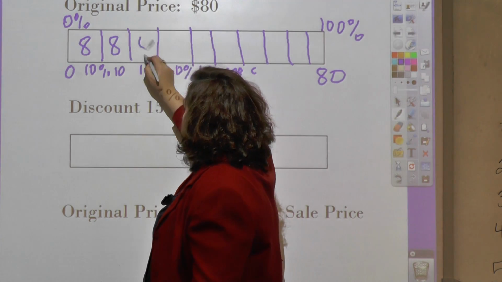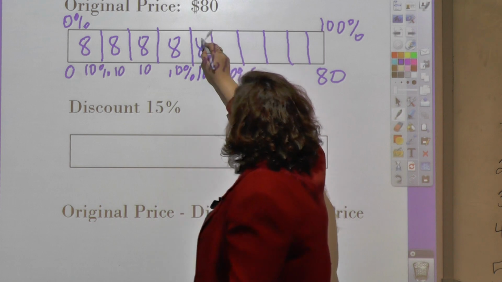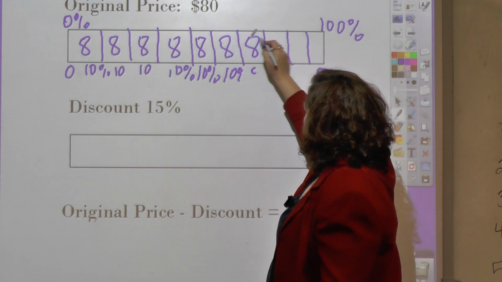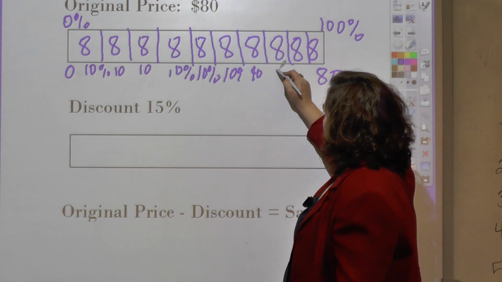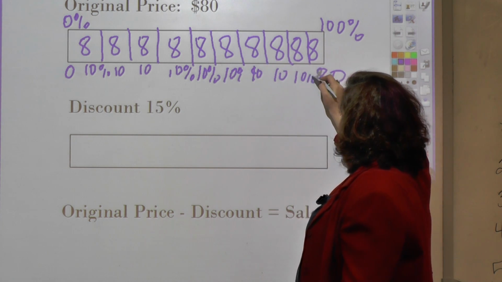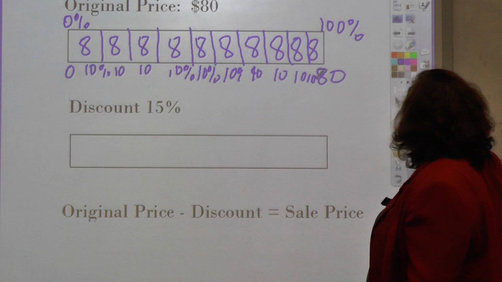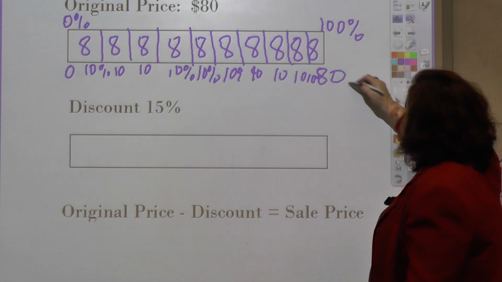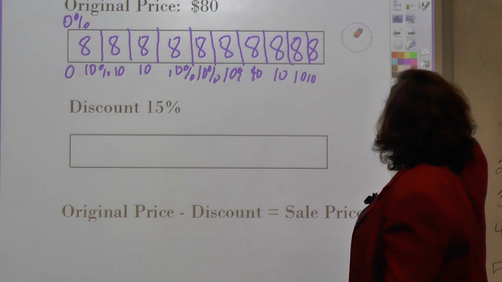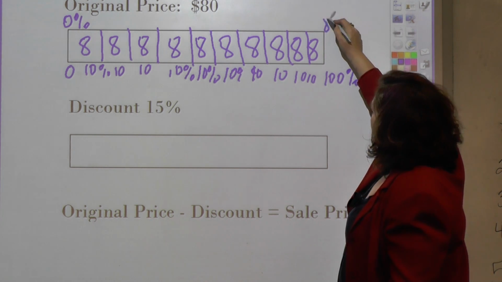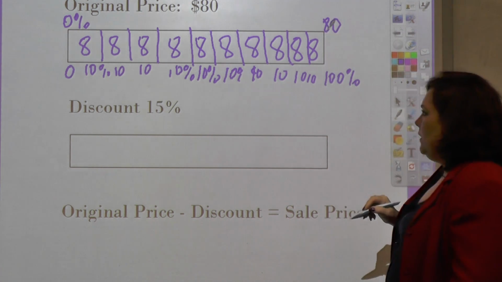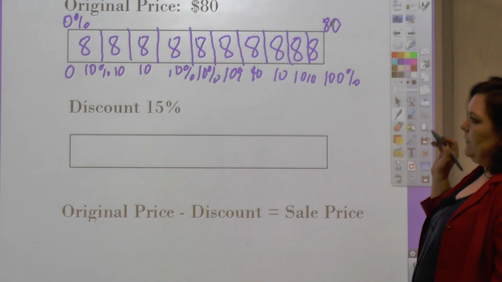So each one is 8. All the way. And my percent should be down here, and my $80 up here. Okay. So now you can see that it's all separated out.